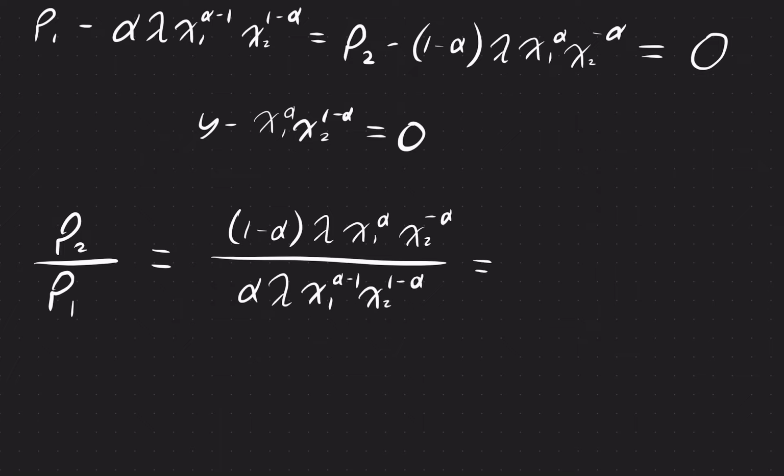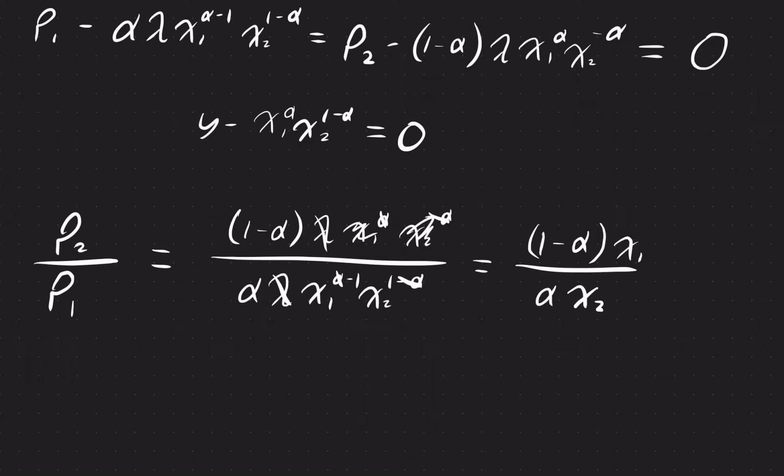You can simplify this by canceling terms. So now what we're going to have is 1 minus alpha x1 over alpha x2.